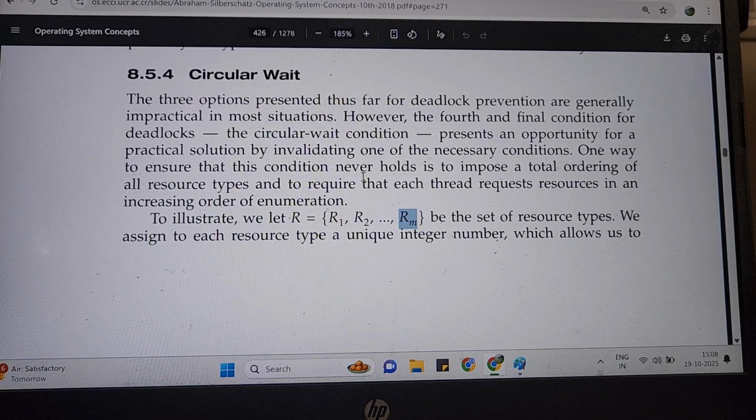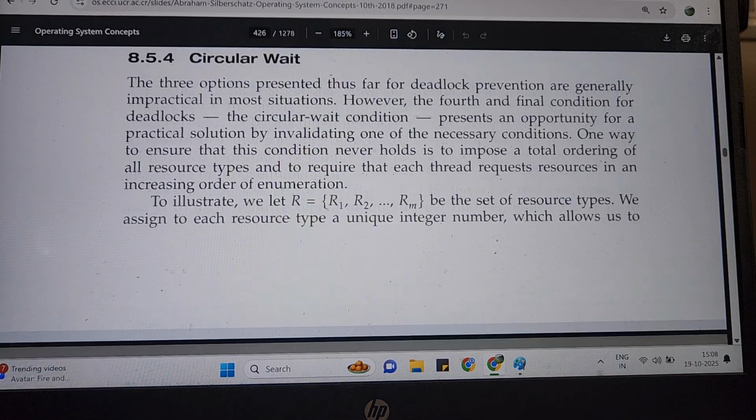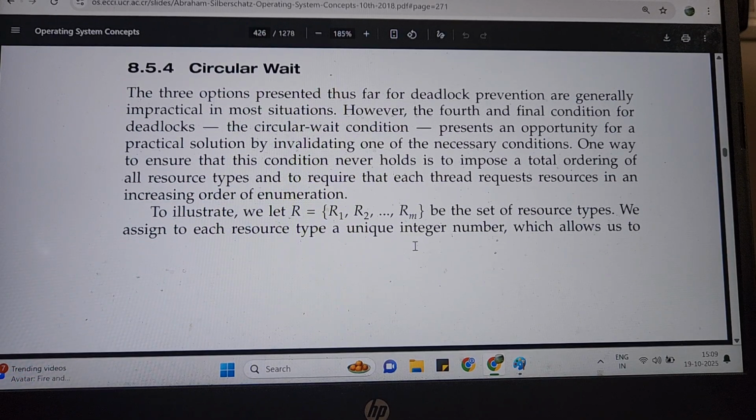So at least there is no circle. Of course, my sibling will have to wait until I finish with all my resources, but at least the circular wait condition is broken, and because you need only one condition to be broken in order for a deadlock to be prevented, this will prevent a deadlock.